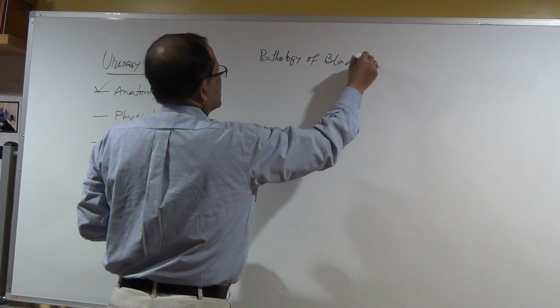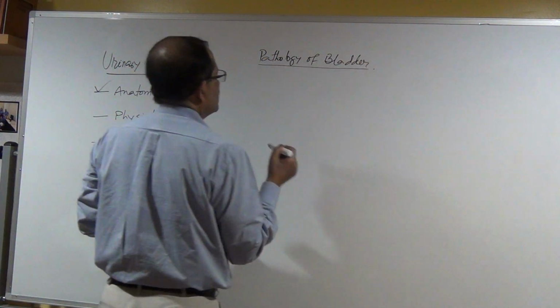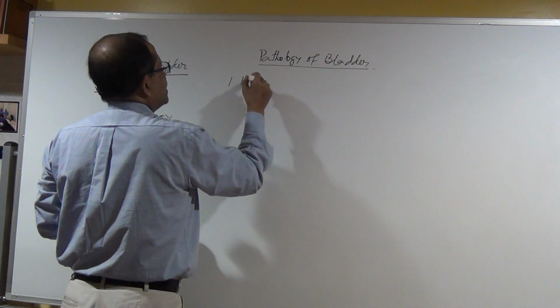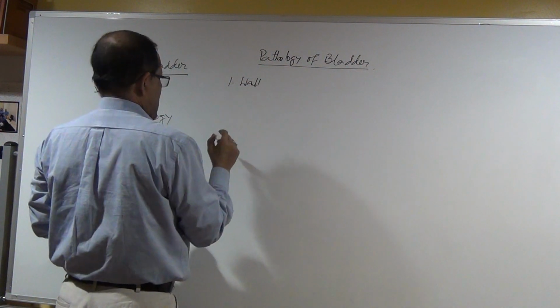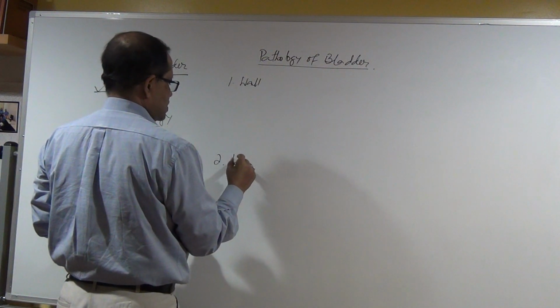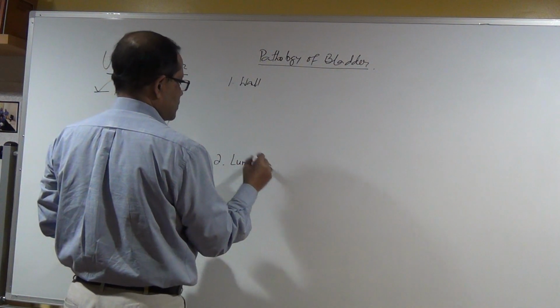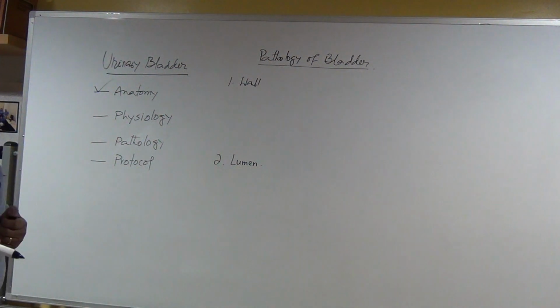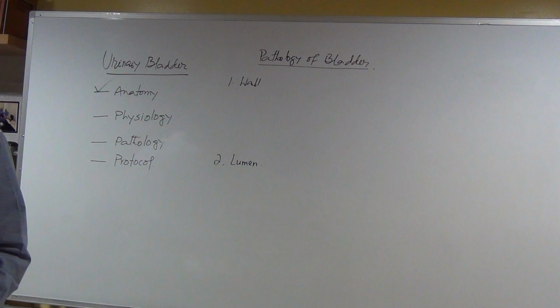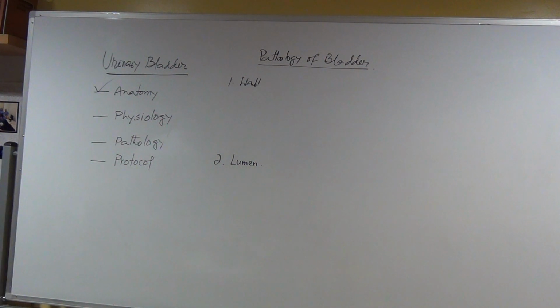Pathology of bladder. As I told you before, the bladder has a wall and the bladder has a lumen. The lumen contains urine. And this just gives me the idea that if the bladder has a pathology, what could happen to the bladder wall?